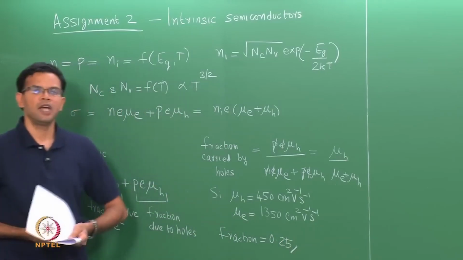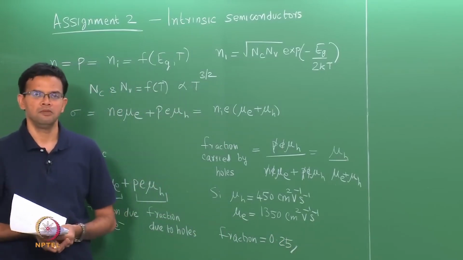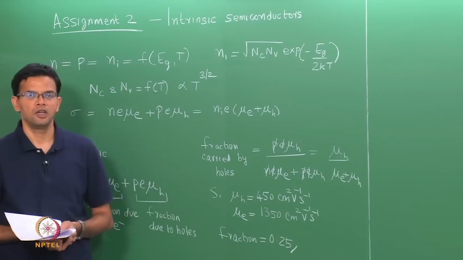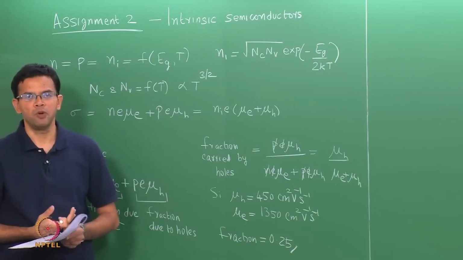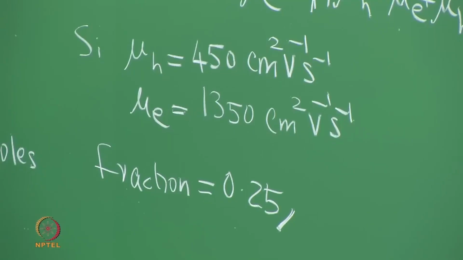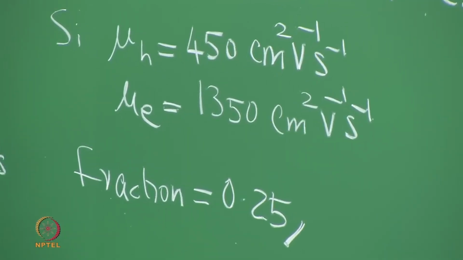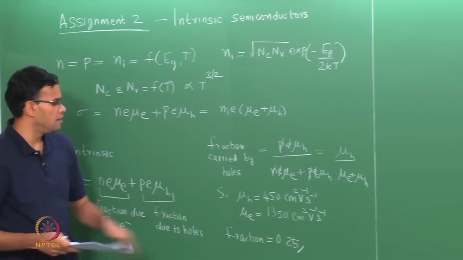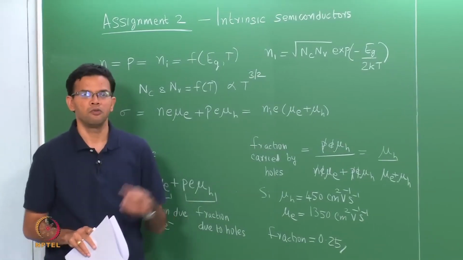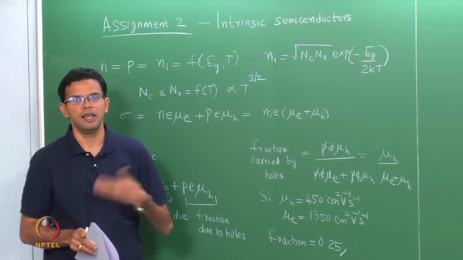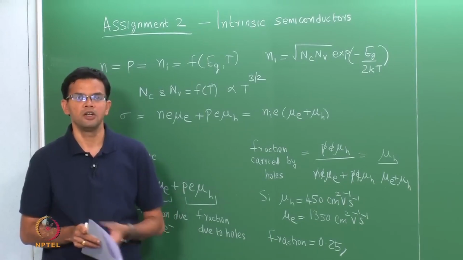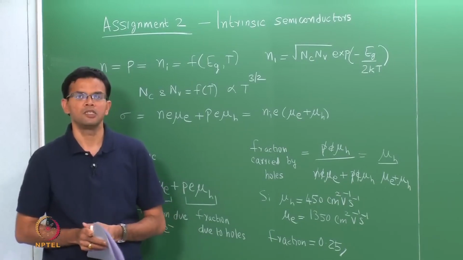So, even though we have equal concentration of electrons and holes, they do not have the same mobility, and this is because your electrons are moving in the conduction band and the holes are moving in the valence band, and this ultimately determines whether the electron conductivity dominates or the hole conductivity dominates.